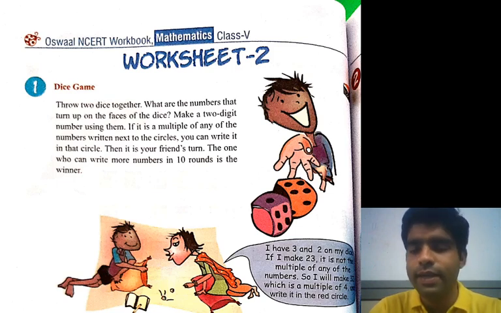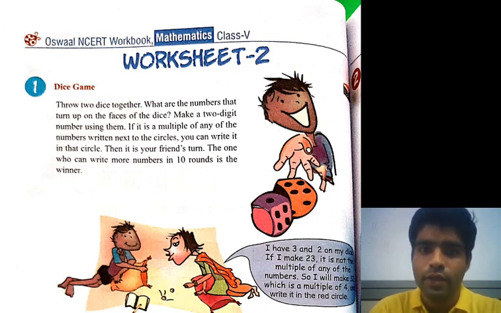If it is a multiple of any of the numbers in the next circle, you can write it in that circle. Then it is your friend's turn. The one who can write more numbers in 10 rounds is the winner. Okay, now just see how it can be solved.